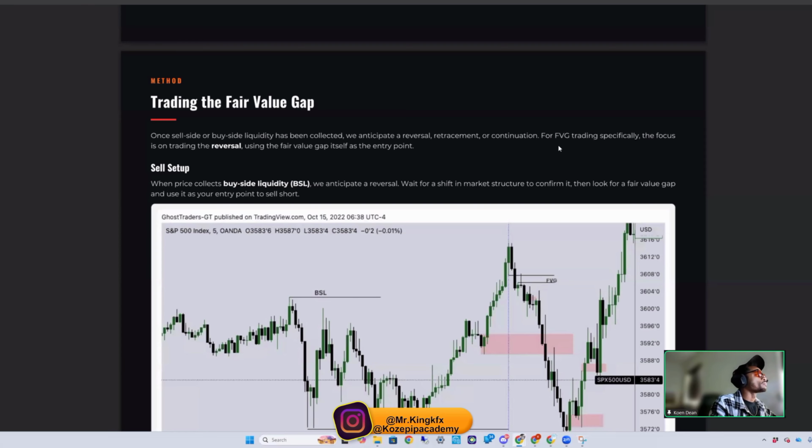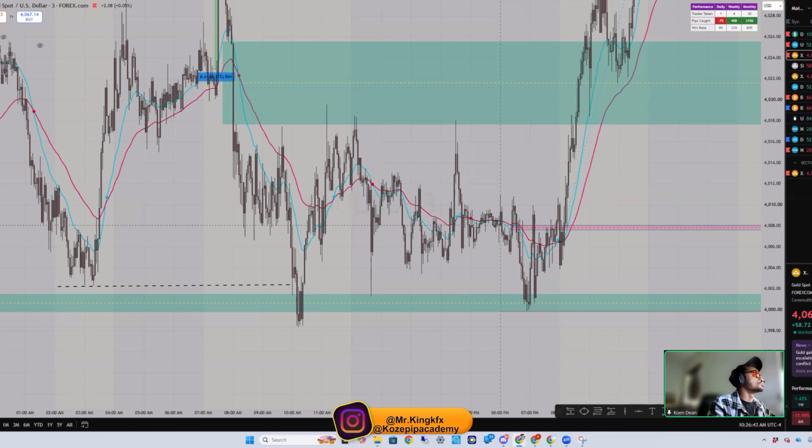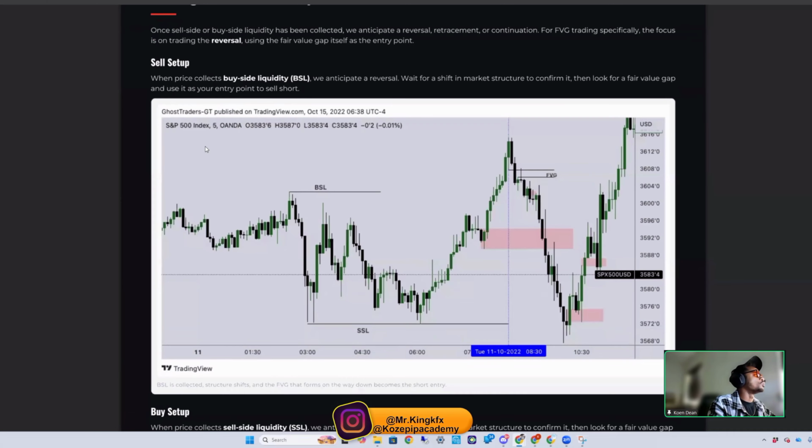So for FVG trading specifically, the focus is going to be on reversals. So that's typically what I just showed you guys, this reversal pattern right here. That's typically what we're looking for when it comes to FVGs. Now, sell setup, when price collects buy side liquidity, BSL, we anticipate a reversal, right?